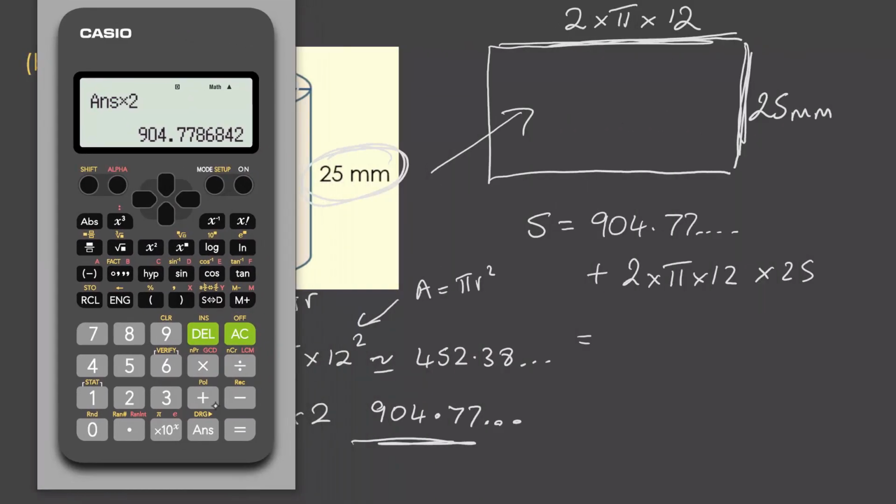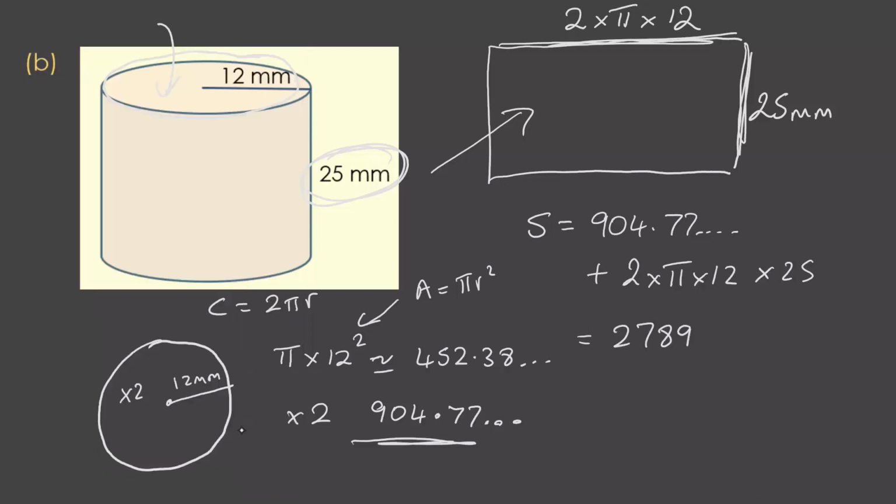So I'm leaving that answer in, and I'm just going to say plus 2 times pi times 12 times 25, which is 2789.73 and so on. And we'll say that that is equal to 2790, and that would be in square millimeters to the nearest integer.